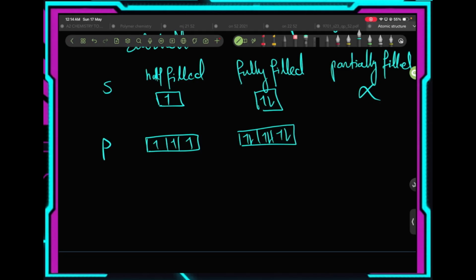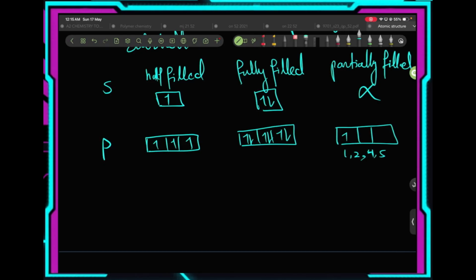And what about the partially filled configuration? That would be 1 electron, 2 electrons. Should I write 3 electrons in partially filled for p? Would that be partially filled, or would that be half filled for p? That would be half filled, so we will skip 3. It can have 1, 2, 4, 5, and what about 6? Again, 6 is fully filled, so we skip that.